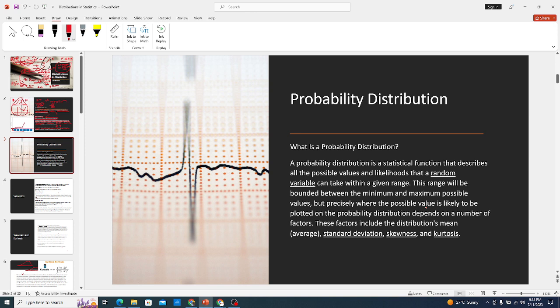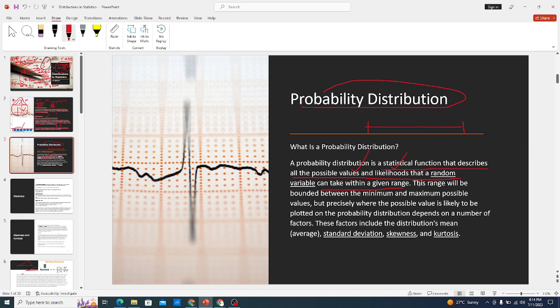So in terms of definition, a probability distribution is a statistical function that describes all the possible values and likelihoods that a random variable can take within a given range. Basically, a probability distribution shows us the possible outcomes or the likelihood of a random variable occurring within a given range. That's what we call a probability distribution.